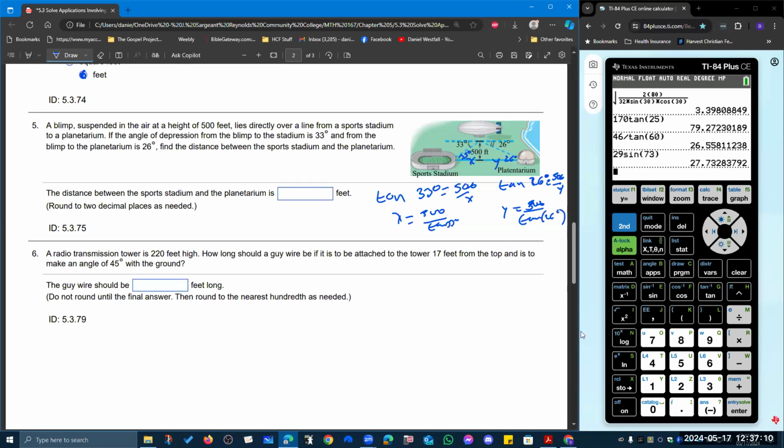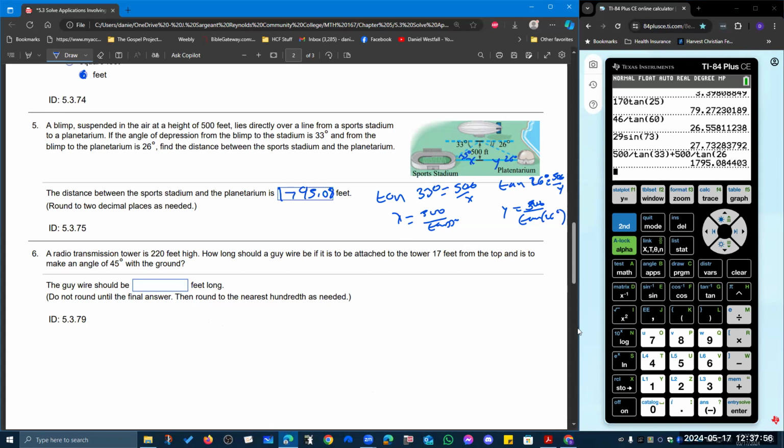Then x plus y is 500 divided by tan of 33 plus 500 divided by tan of 26, which should give me 1,795.08 feet.